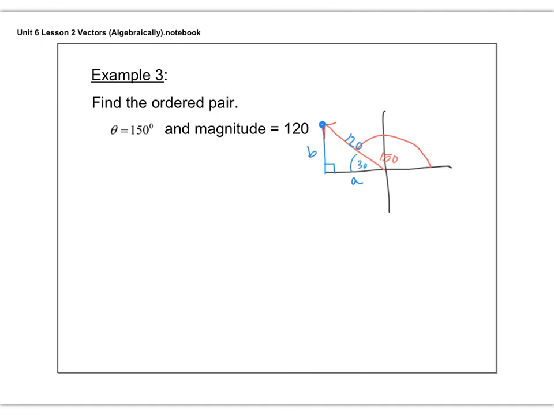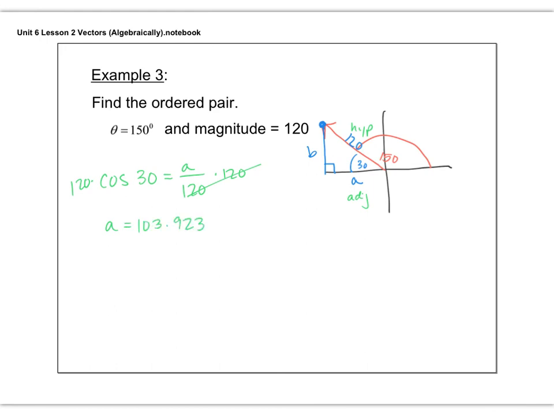So I'm going to start with A. A is adjacent to our angle, and I'm going to use hypotenuse. So again, it's cosine of 30 equals A over 120. Multiply by 120, and then type it in your calculator. A is 103.923.